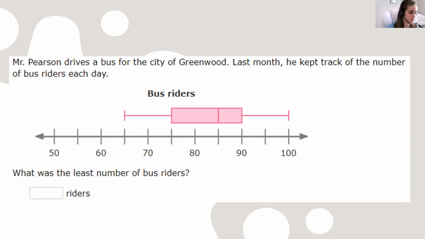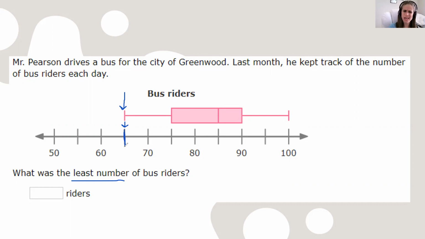We are being asked to identify the least number of bus riders. So the least number of bus riders would be our minimum amount. Well, our minimum amount is that left-hand whisker right here. So if we look down to the data set, it would be this line right here.